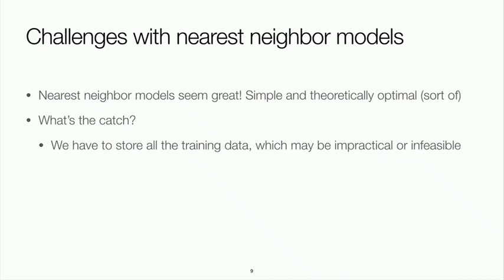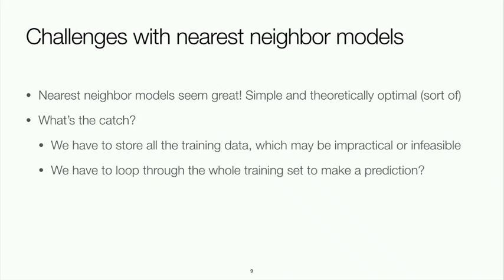Yes? Are y'all just looking at my slides? I mean, yeah, absolutely. So apparently, or at least it seems this way, we have to loop through the whole training data set to make a prediction. So say that you've gotten past the first issue, you're able to store all your training data. But if your training data is really large, then it's really impractical to make a new prediction on your test point.